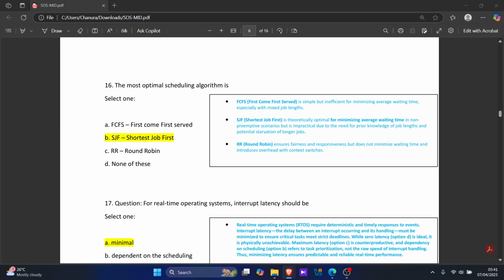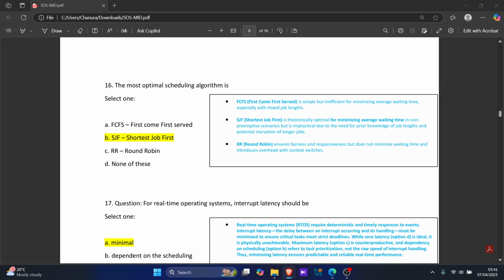According to Operating System Concepts by Silberschatz, Galvin, and Gagne, in section 5.3.3, it states, "The SJF algorithm is provably optimal, providing the minimum average waiting time for a given set of processes." However, that's in the context of non-preemptive scheduling.